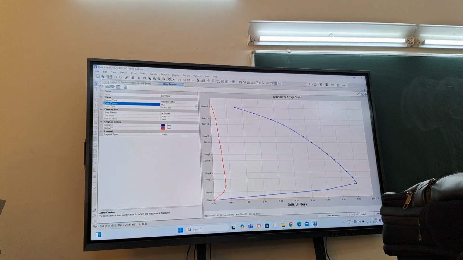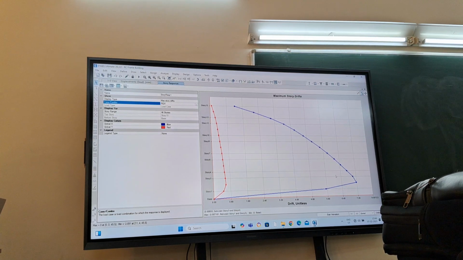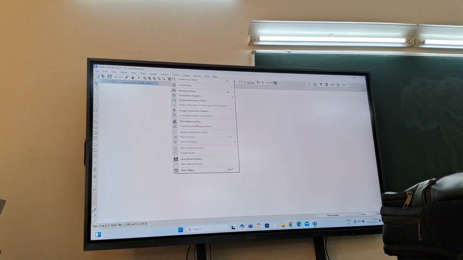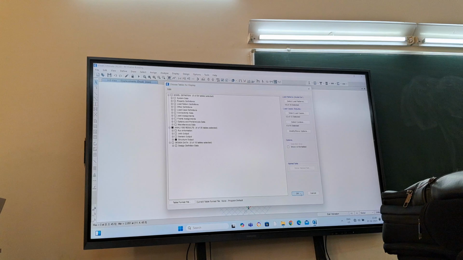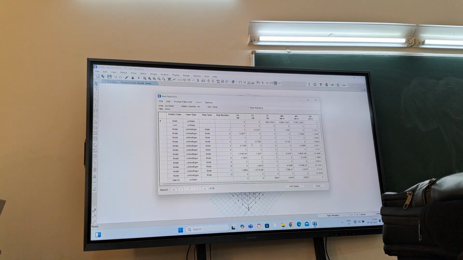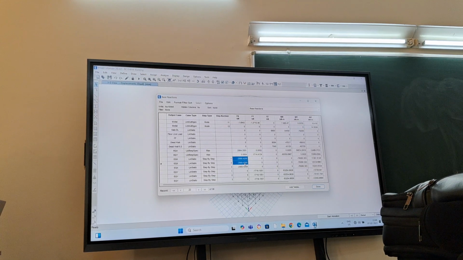Now, just to cross check, we will compare these values. Before that, let me once again check the base shear, whether they are the same or not. This is the response spectrum base shear and this is the equivalent static base shear.